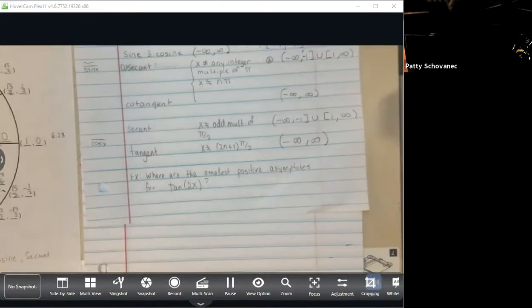What does the 2 do to the graph of the tangent of x? Not when I put it outside, but inside.